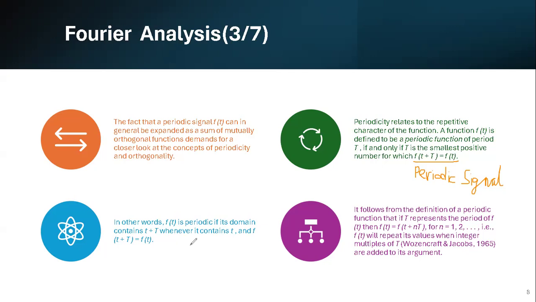It follows from the definition of a periodic signal that if T represents the period of f, then f of t is periodic, and f of t plus nT for n equal to 1, 2 and so on repeats the same value at integral multiples of T.